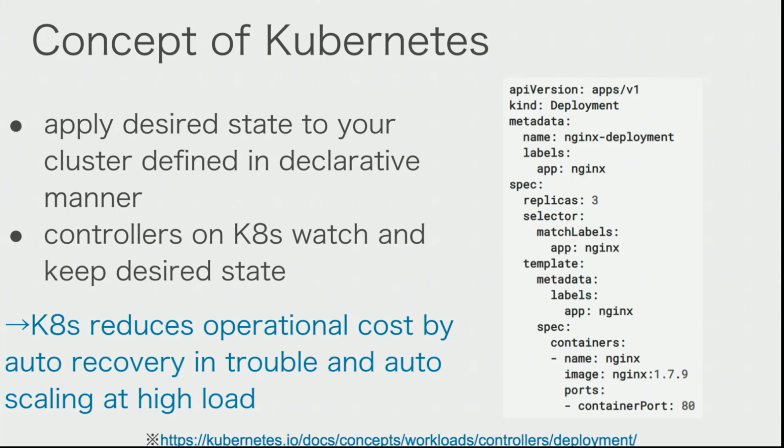For example, if you want 3 containers on your cluster, you declare spec replicas 3, and write the image in that manifest, and this makes Kubernetes deploy 3 containers on the cluster. Kubernetes controller watches the state of the resource, and if one container fails, Kubernetes will recreate 1 container. In this way, Kubernetes keeps the desired state continuously. This helps developers focus more on developing, and operation engineers deal with more business critical issues instead of managing containers.